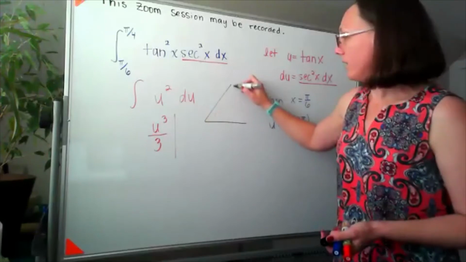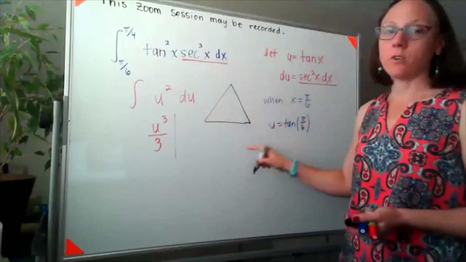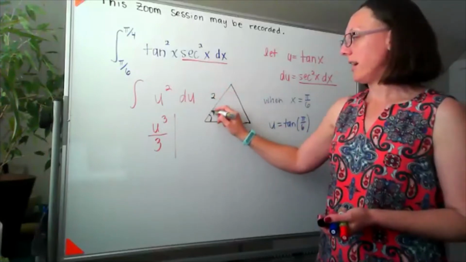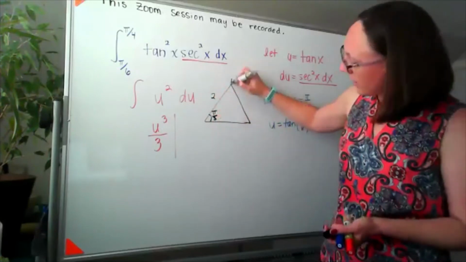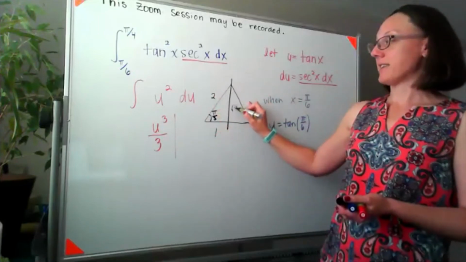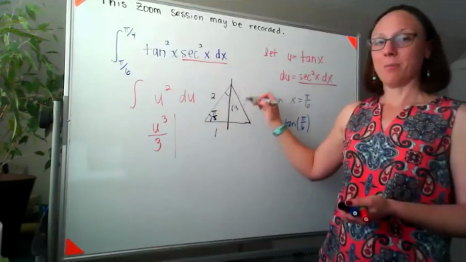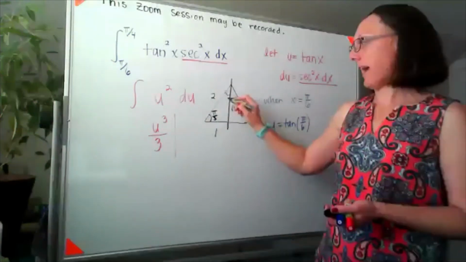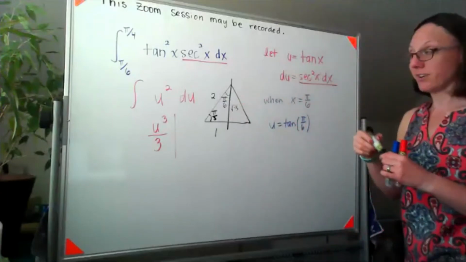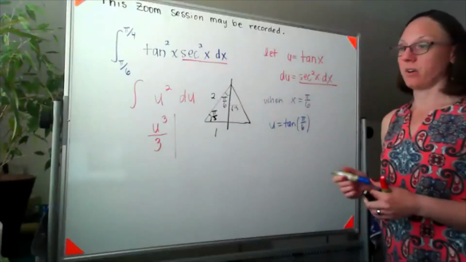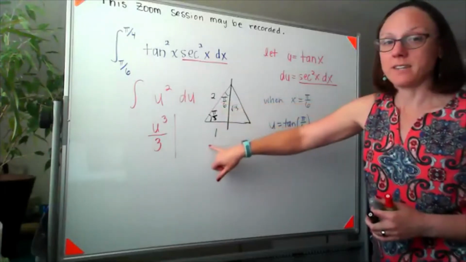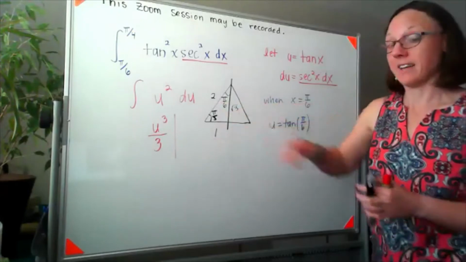So for me, I know that this one goes with an equilateral triangle. So that side is 2, and then that's an angle of pi over 3. When I cut it in half, that bottom side will be 1, which makes the height square root of 3. And because I bisected that angle, or I cut the angle in half, that is pi over 6. When I'm looking for tangent of pi over 6, I'm looking for opposite over adjacent. So for pi over 6, the opposite side is 1, and the adjacent side is square root of 3.